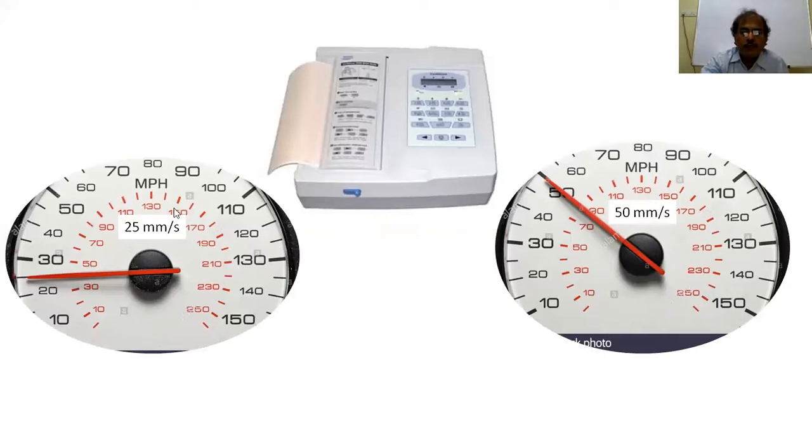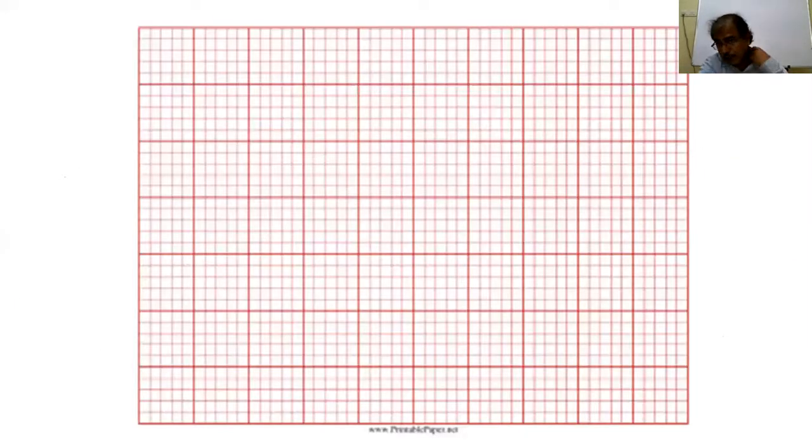Default is 25 millimeter per second, and if you need a higher speed, then you set the ECG machine at 50 millimeter per second. Conventionally we take all the ECGs at 25 millimeter per second. For calculation of heart rate, we are taking the default one.